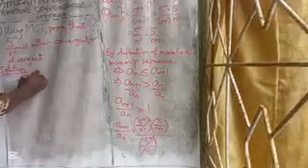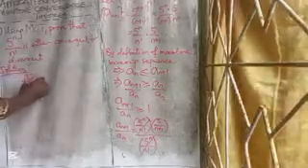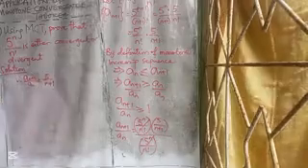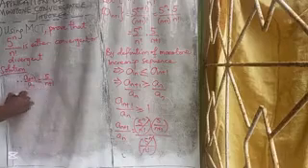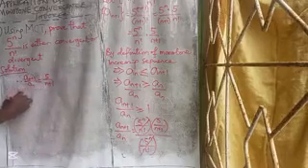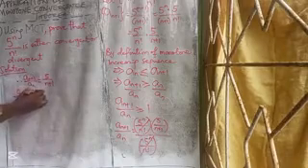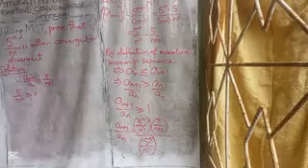Therefore, a sub n plus 1 over a sub n is equal to 5 over n plus 1. We want to show that 5 over n plus 1 is greater than or equal to 1.